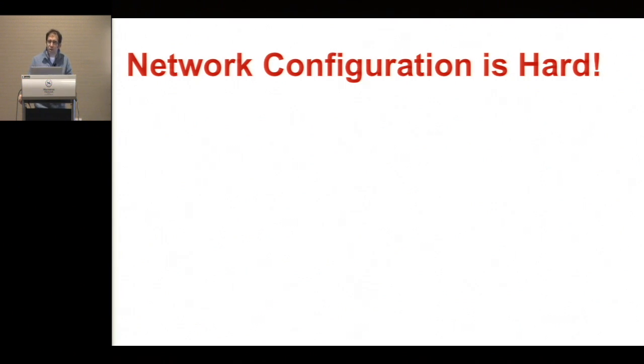It turns out that configuring these networks is a very hard task. For many, many years, network researchers spent most of their time thinking about protocols. But when I started getting into this area quite some time ago, we started to realize that a lot of the interesting behavior of networks and of the protocols was not so much in the definition of the protocols, which you can read in standards documents, but in how operators were configuring those protocols.